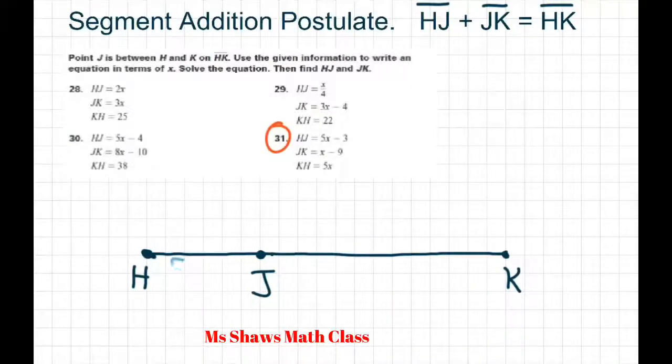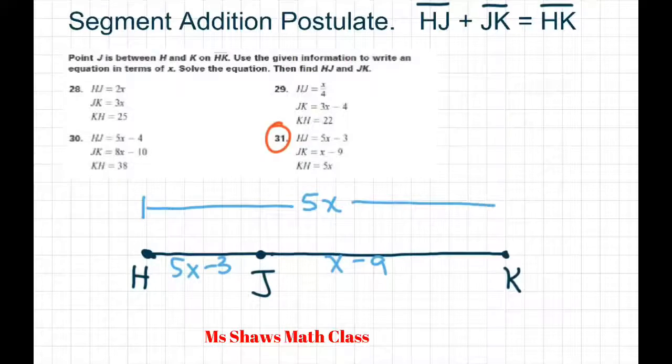So we have 5x minus 3, x minus 9, and this whole thing is 5x. This one's a little trickier. So let's use our segment addition postulate. Add this up. We have 5x minus 3 plus x minus 9 equals 5x.